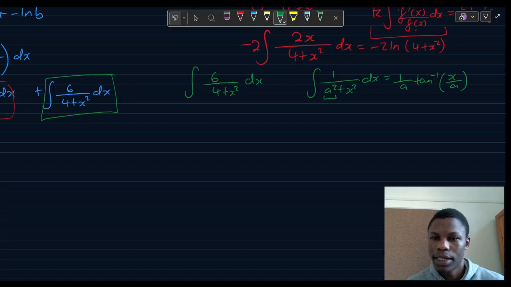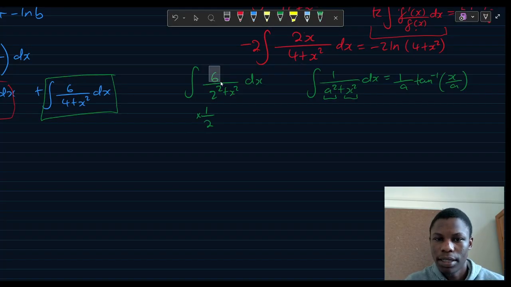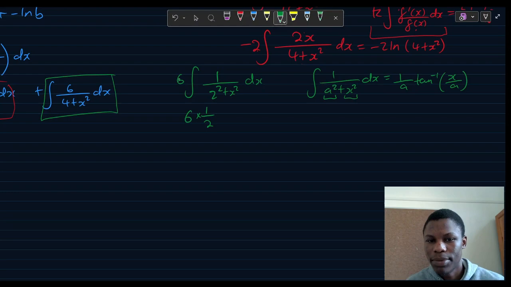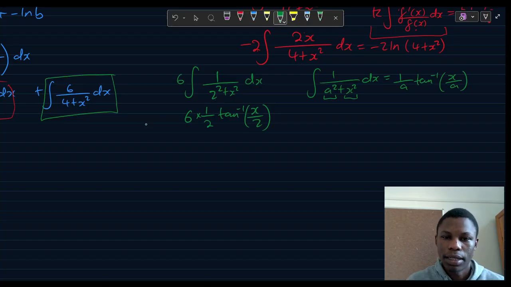So we need an a squared plus x squared in our denominator, which we have because 4 is just the same as 2 squared, right? So that means if I integrate this, what I'd get is 1 over a, my a is 2, and remember it's multiplied by this 6, because the 6 you can just take outside as a constant and then put a 1 there. So the 6 is multiplying everything, times 1 over 2 arctan of x over 2. And that is our integral. 6 times half, that's 3.